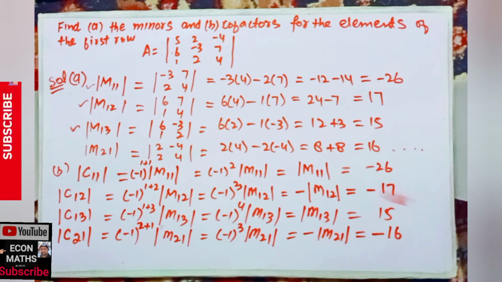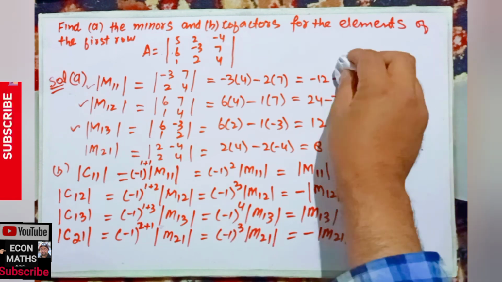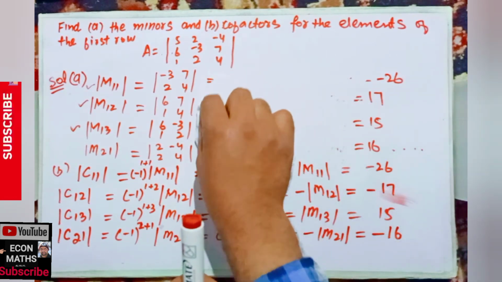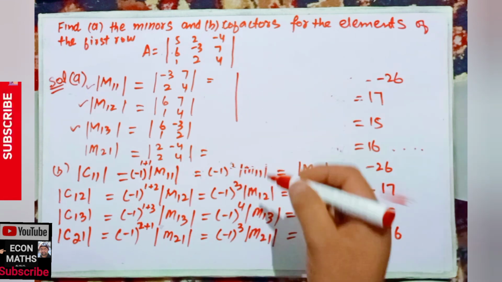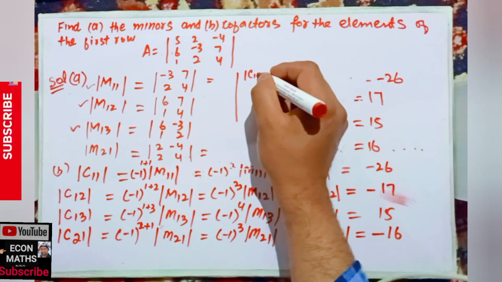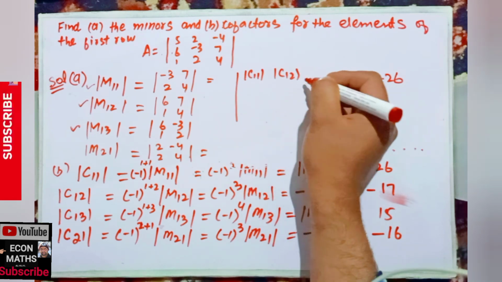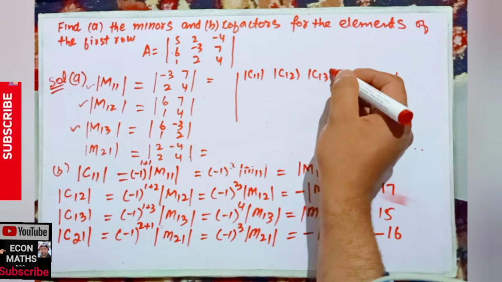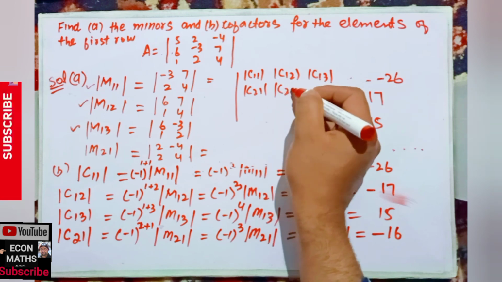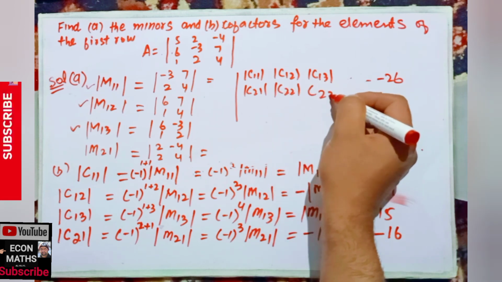And similarly, we can form a cofactor matrix. The cofactor matrix will look like this. The elements in the cofactor matrix will be, the first is C11, second is C12, third is C13, similarly C21, C22 and C23.